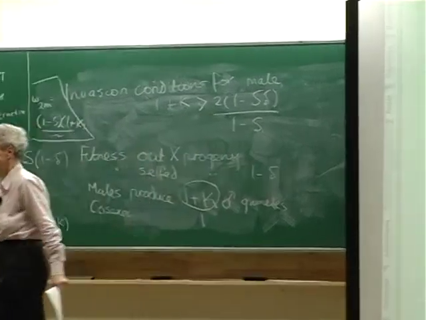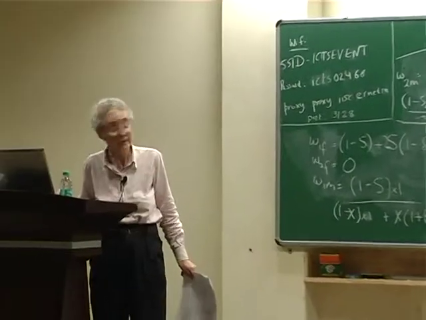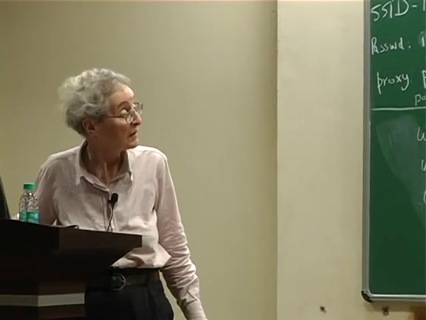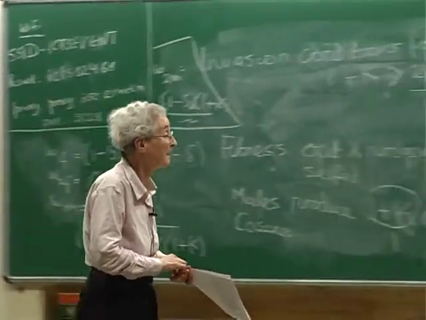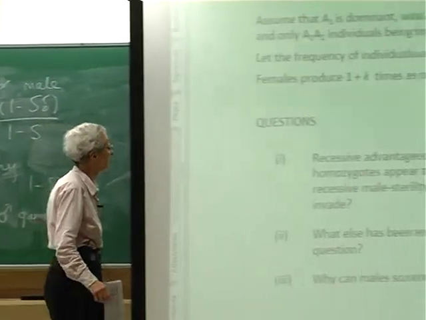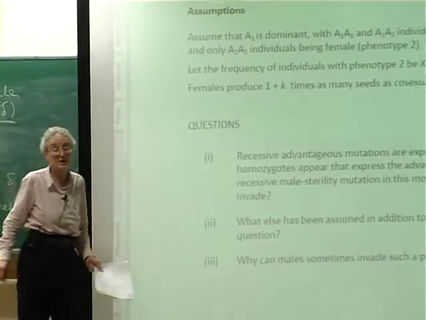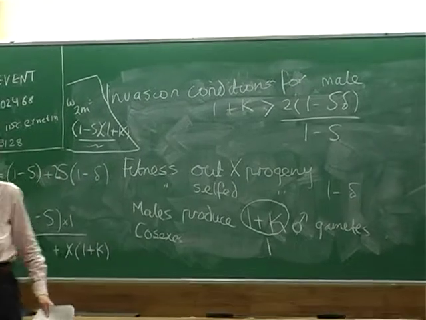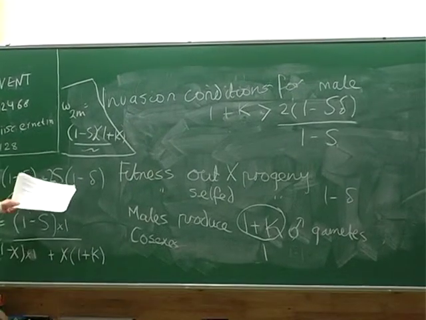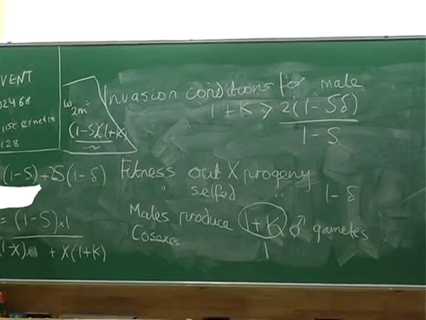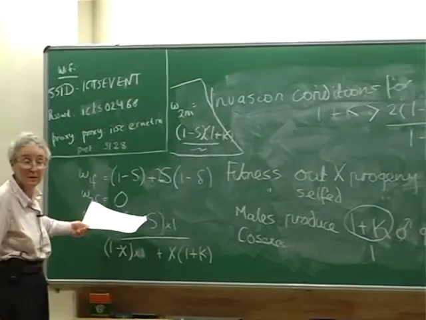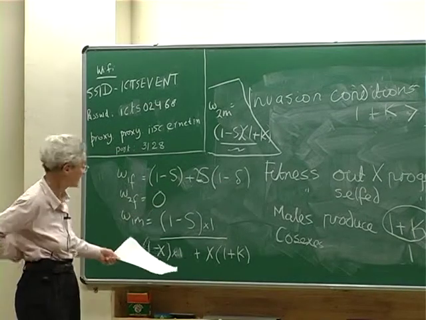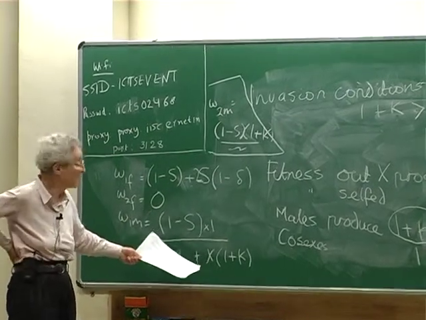So the questions are, we want to work out the equilibrium frequency, making those assumptions. That's the first thing, just to work out the equilibrium frequency. It will be exactly the same procedure we went through here: work out the female and male contributions to the next generation, taking into account the frequency when we calculate the male.